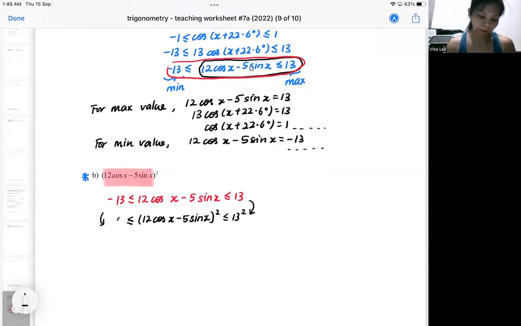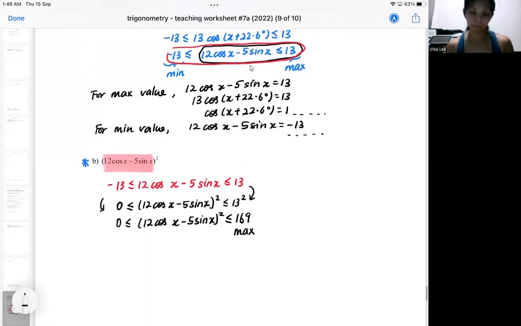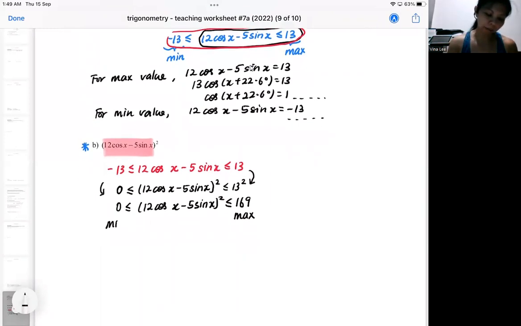I will get a 0. In a while, I will explain why you get a 0. First I'm going to show you the correct answer, then I explain. In this case, this is my maximum and this is the minimum. The minimum is 0, the maximum is 169.